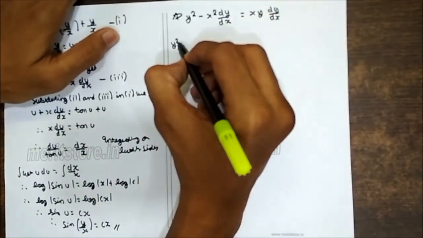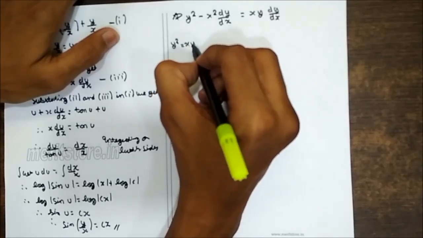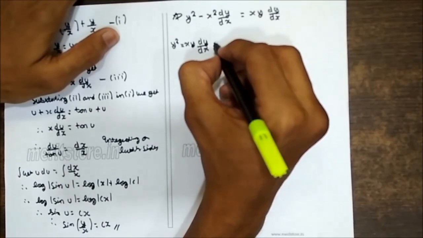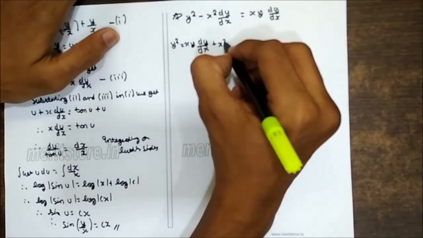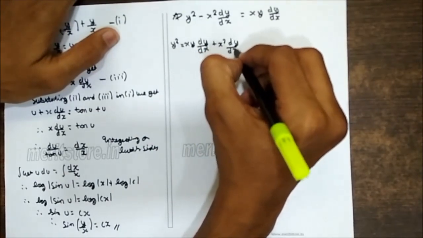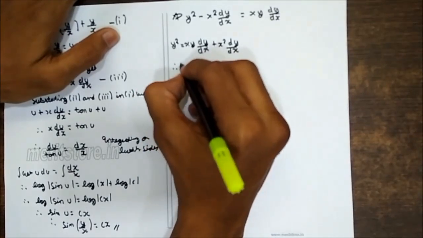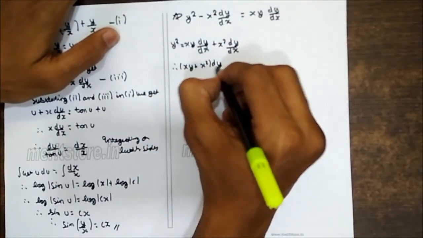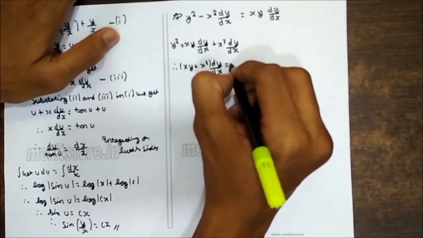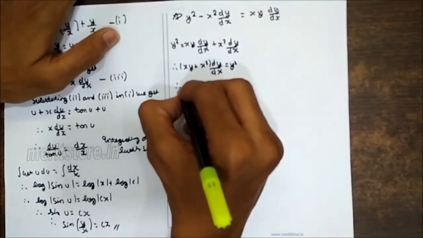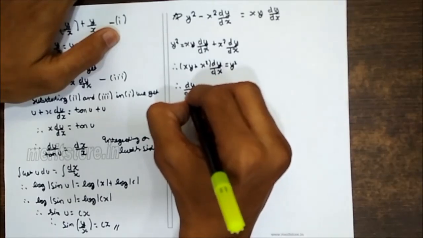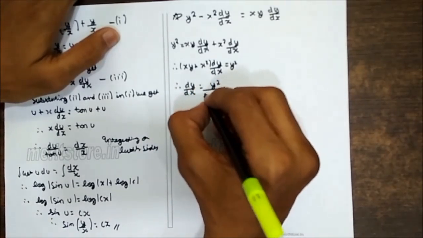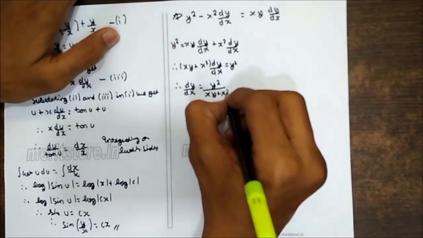Therefore y square is equal to xy dy by dx plus x square dy by dx. Therefore xy plus x square dy by dx is equal to y square. Therefore dy by dx is equal to y square upon xy plus x square.